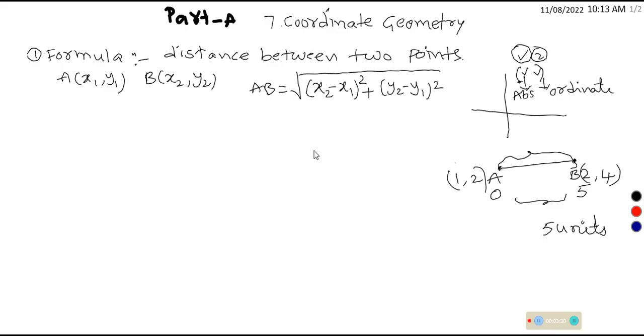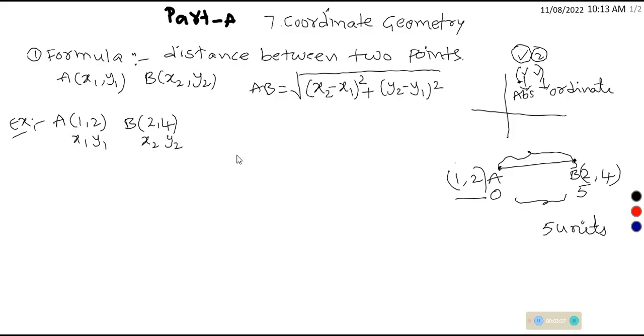Now here take one example, then you can understand easily. So these points I am taking here, A 1 comma 2 and B 2 comma 4, okay. Now in this the 1 will become x1, 2 will become y1, and here this 2 will become x2, here it is y2, okay.